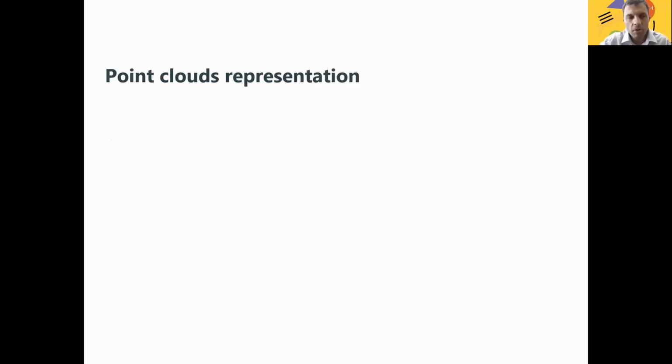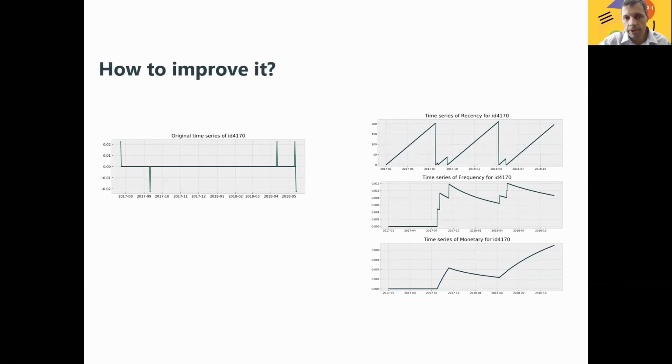Okay, so what can we do? First of all, each time series characterizing a user, when a user makes an order, we can represent as 3 time series. This is the time series of recency, this is the time series of frequency, and this is the time series of monetary.